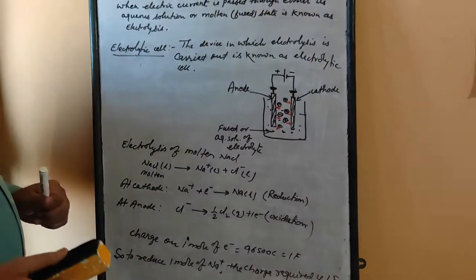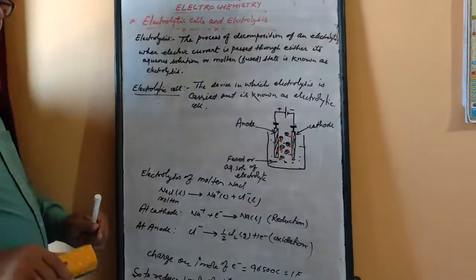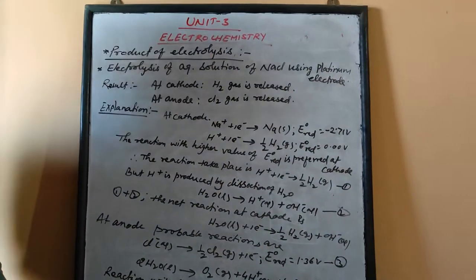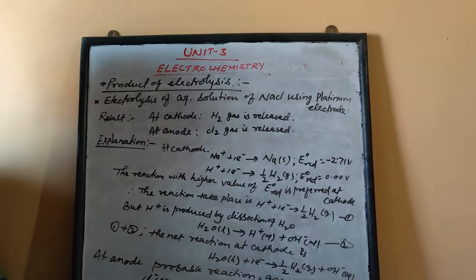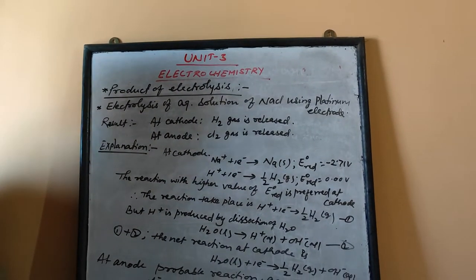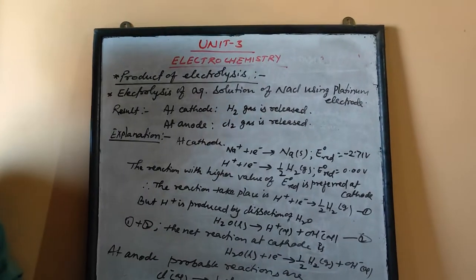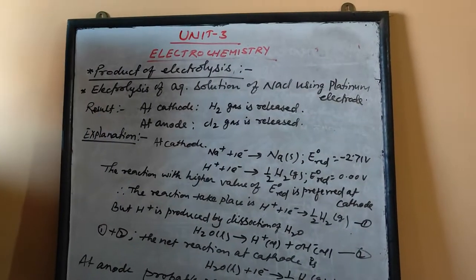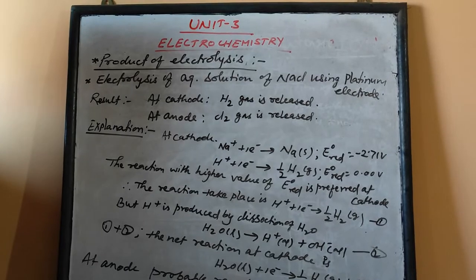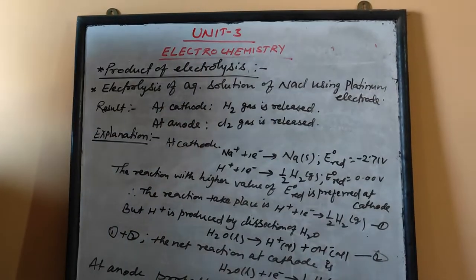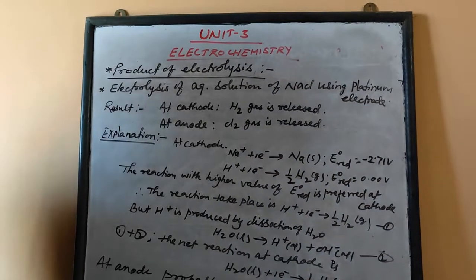Our next topic is product of electrolysis. The previous topic is also a topic of product of electrolysis. But in the previous topic, I explained what the products of electrolysis are when electrolysis is carried out on molten NaCl using platinum electrode.